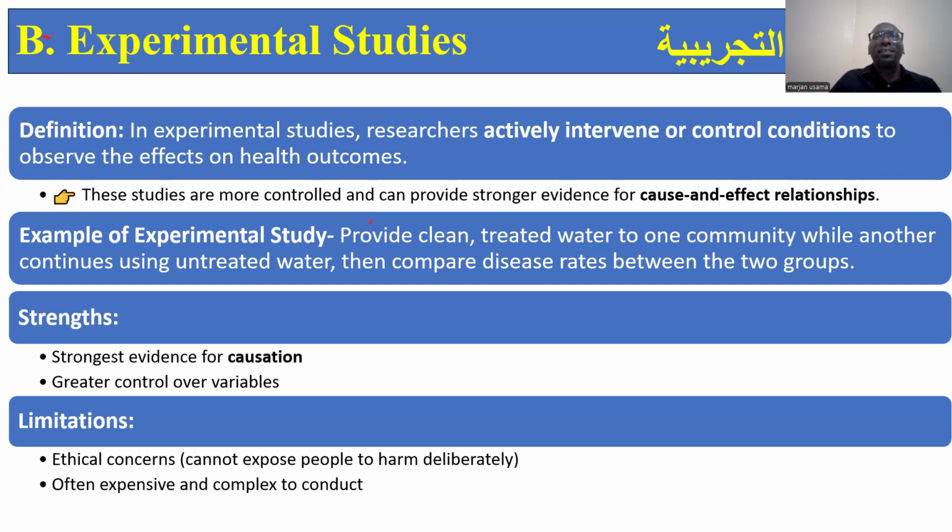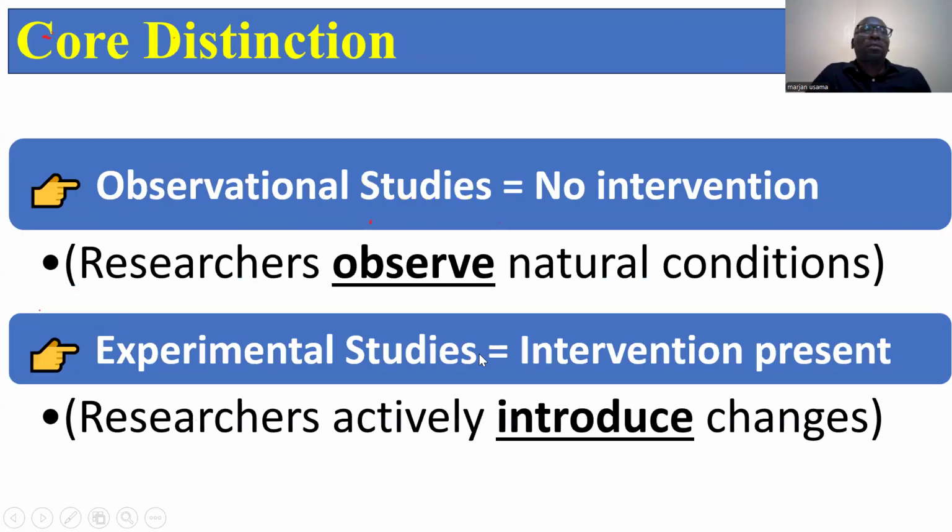You can manipulate, but with the observational ones, you cannot do that. Then the limitations: there are some ethical concerns, you cannot expose people to harm deliberately, and they are often expensive and complex to conduct.